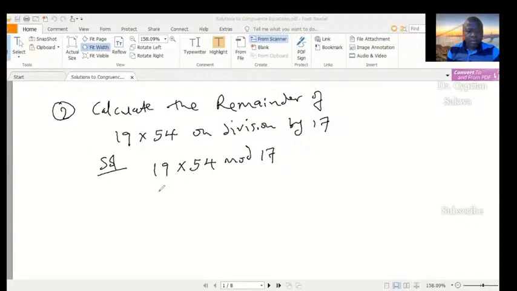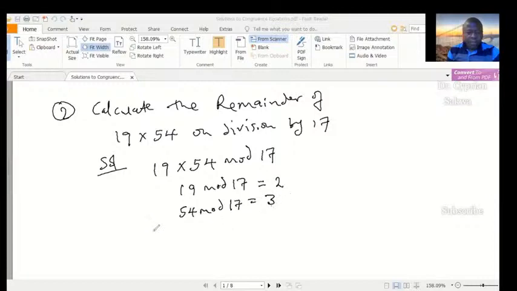To simplify, I ask myself first, if 19 was to be divided by 17, what would be the remainder? I find the remainder would be 2. What if 54 was to be divided by 17? Just divide 17 into 54, and you find that the remainder will be 3.